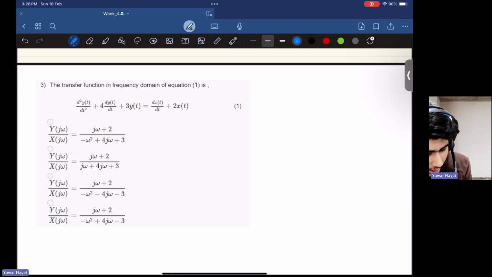I hope this would have been taught in last week's lectures. Given a differential equation, you can compute the transfer function by just using a Fourier transform.